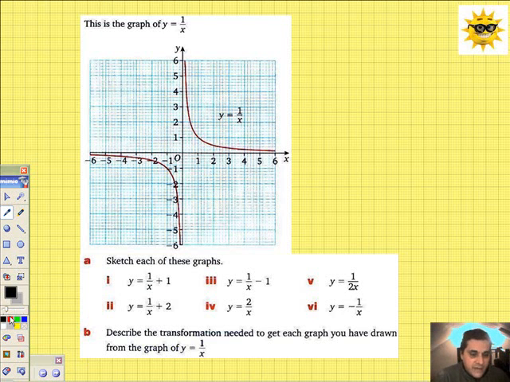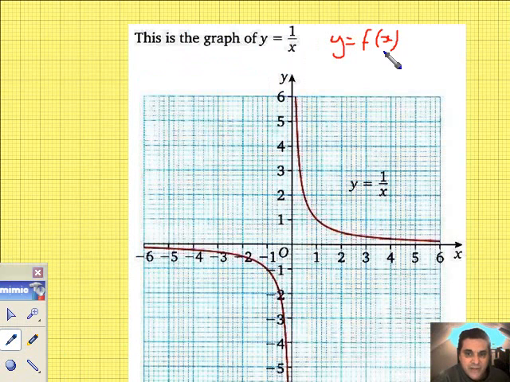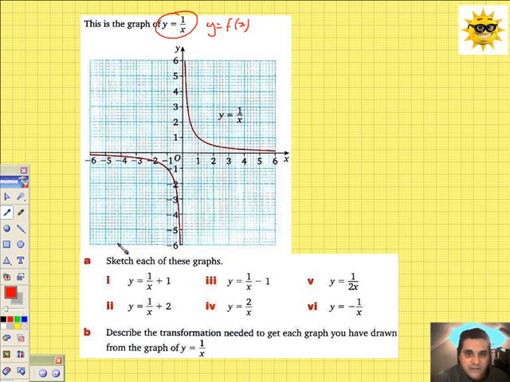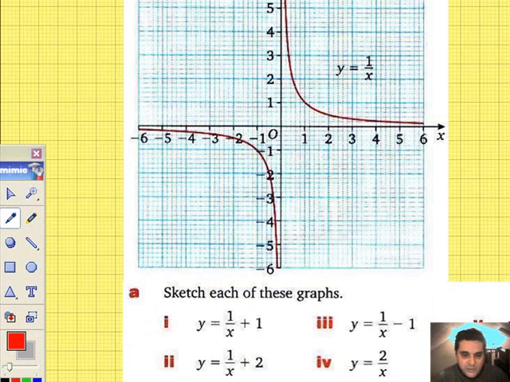So if the graph is originally y equals 1 over x, effectively I'm playing with y equals some function of x, and that's my original function of x, and each of these are going to be f(x) plus 1, for example. Now if I look at the very first one, it is the original function y equals 1 over x plus 1, and as you may recall, this plus 1 raises the graph in the y direction by 1 unit.